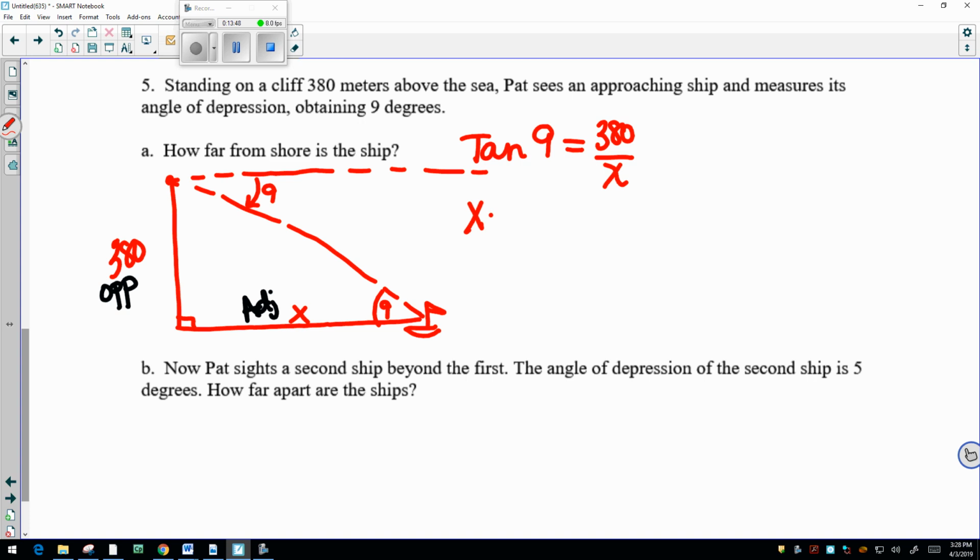Okay, so if we cross multiply, we get x times tangent of 9 is equal to 380. If we want to solve for x, I have to divide through by tangent of 9, and I can find x when we plug that in the calculator.